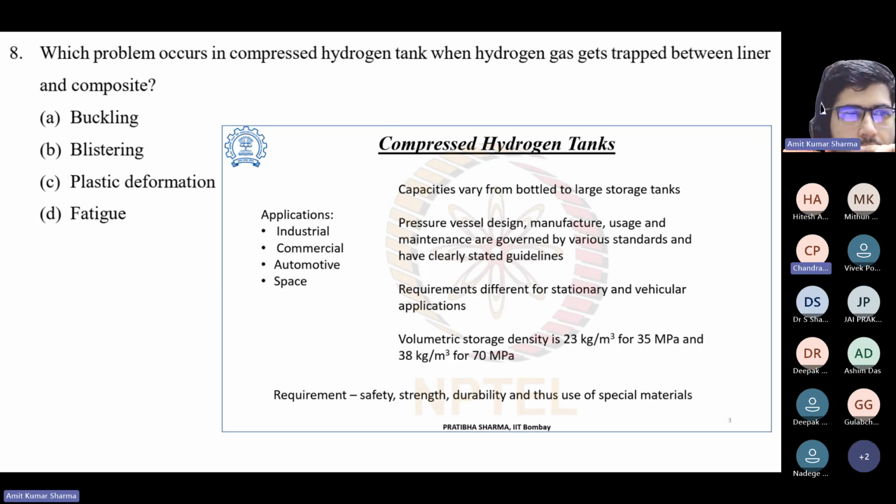Okay, we have one answer, blistering. So yes, it's correct. Blistering can happen when hydrogen gas gets trapped between the liner and the composite. Now let's learn more about compressed hydrogen tanks.